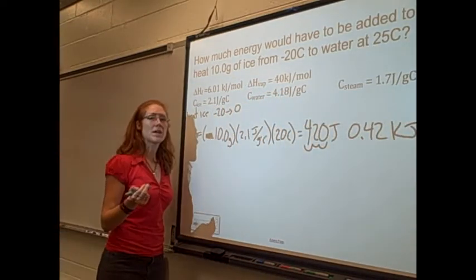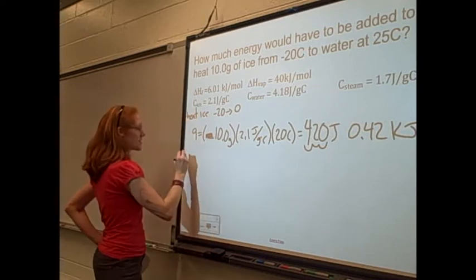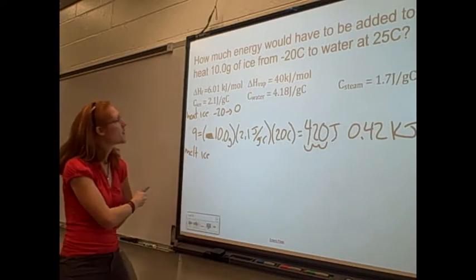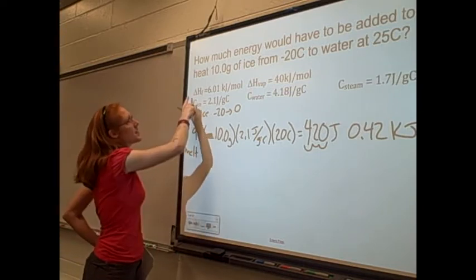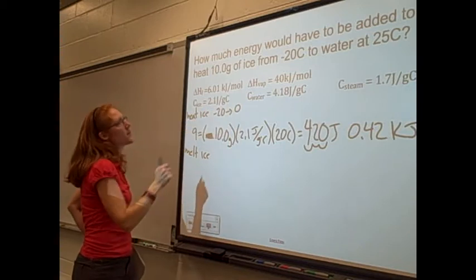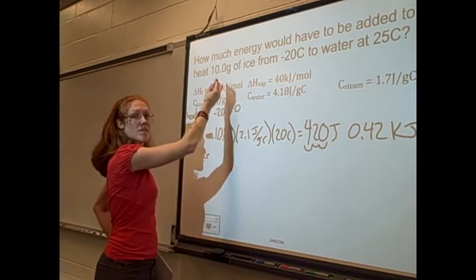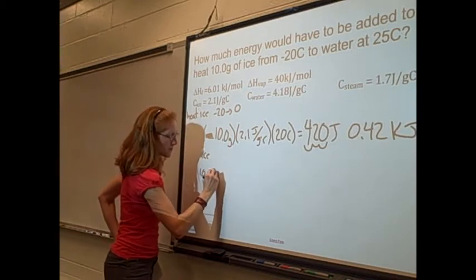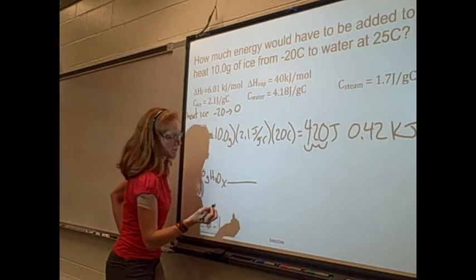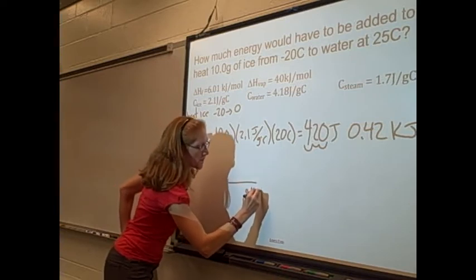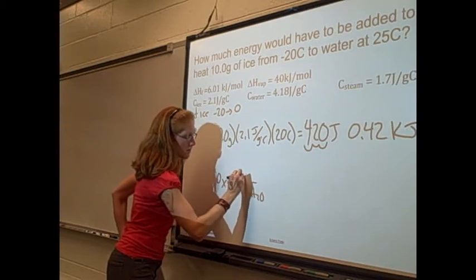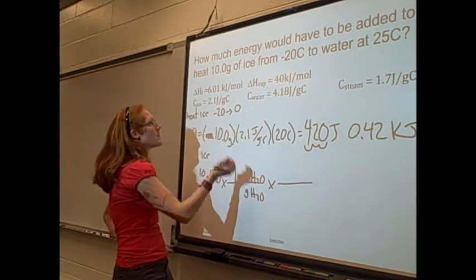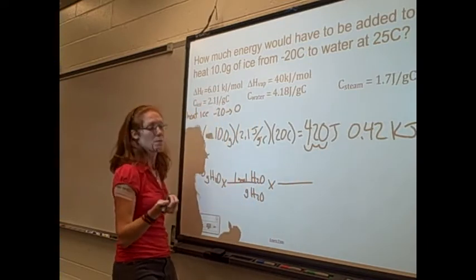Now I have heated my ice up to the point where it'll start to melt. So that's the next part. I'm going to melt my ice. And when I melt the ice, I can see that I'm going to need the heat of fusion. And this is in moles, so I know I'm going to have to take these 10 grams of H2O and convert the grams to moles. And once I have moles, I know how many kilojoules I'm adding in order to melt them.